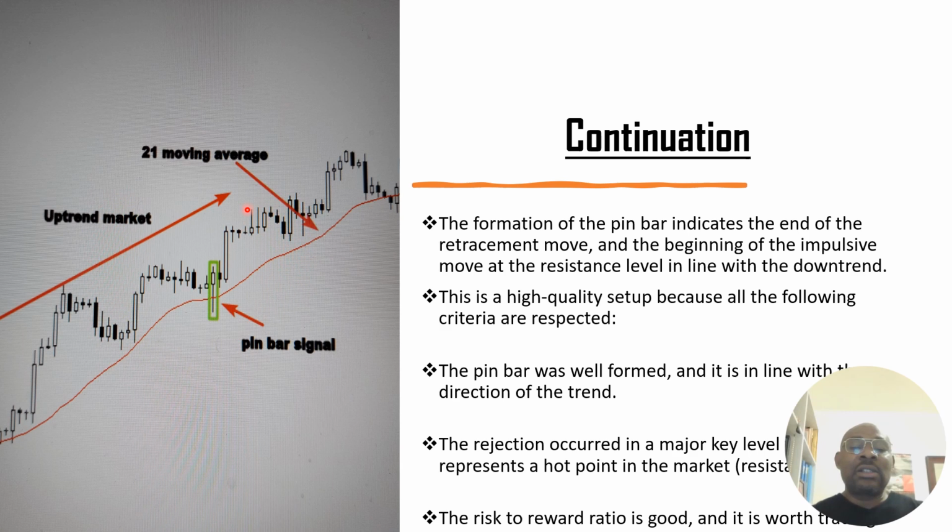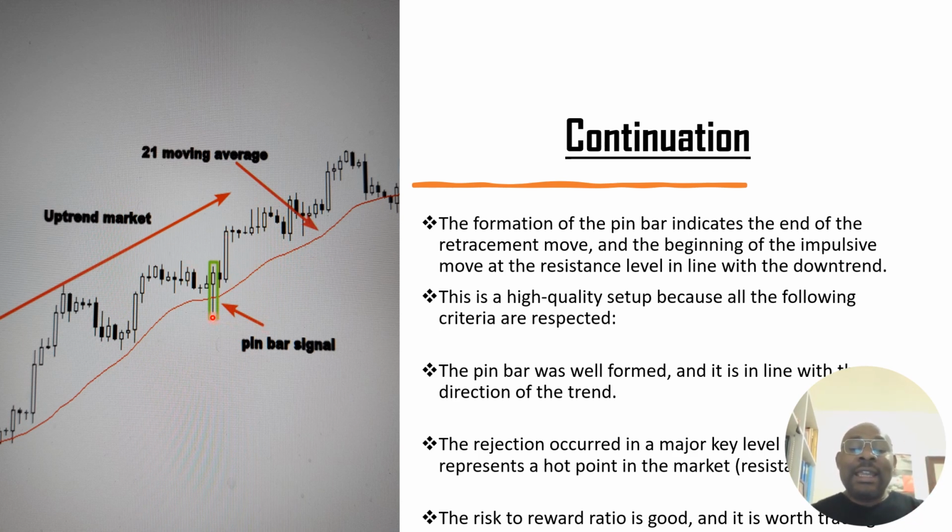This one now is against the trend, so it's not important. When you see something like this, it's not important because the current trend is an uptrend. That is the trick there. That is the knowledge you need to acquire.